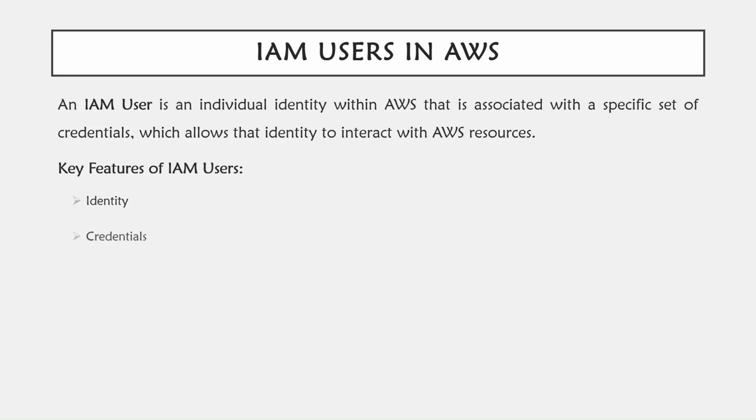Then we have credentials. Users are given credentials that can be used to authenticate and interact with the AWS resources. There are two main types of credentials: one is programmatic access and the other is AWS Management Console access. Programmatic access allows access to AWS through APIs, CLIs, or other tools.